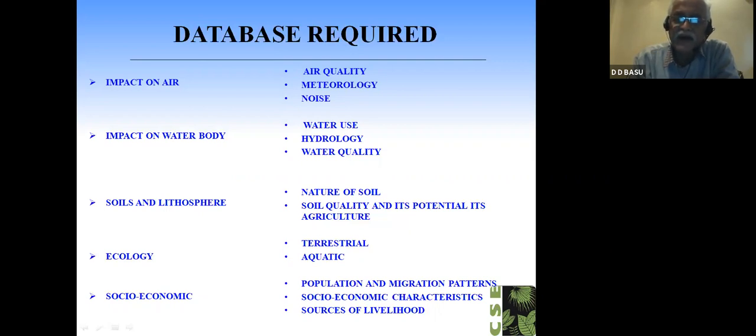Then there is hydrology. Hydrology is a very important part because it will tell you the quantity of water available throughout the year. At the critical time, that is the summer, what is the critical flow of the river? That is very important in hydrology study.